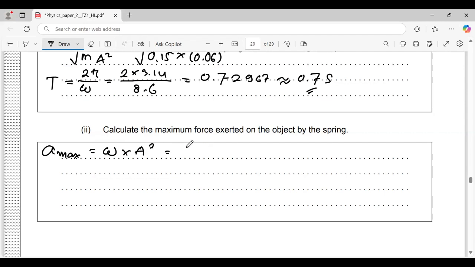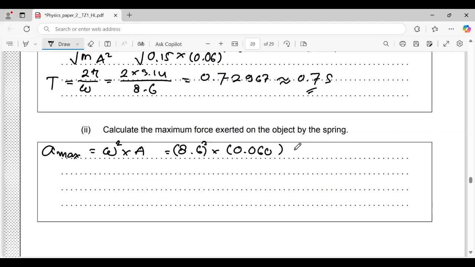So omega is 8.6, squared, times 0.060. Sorry, supposed to be omega squared.